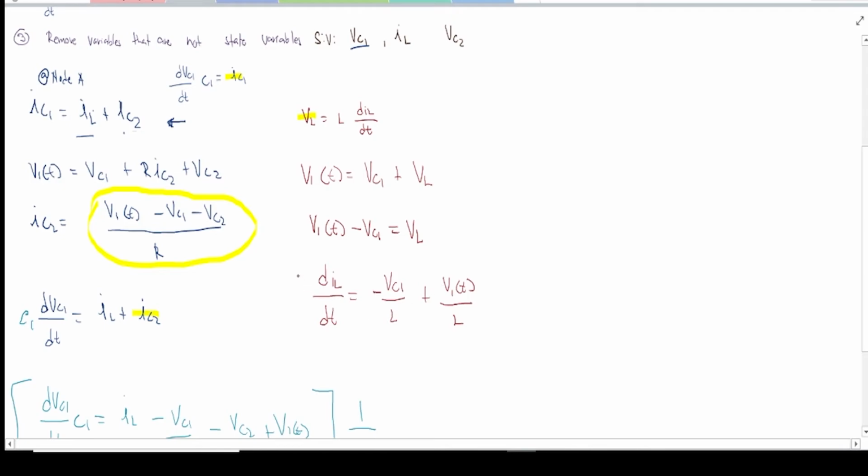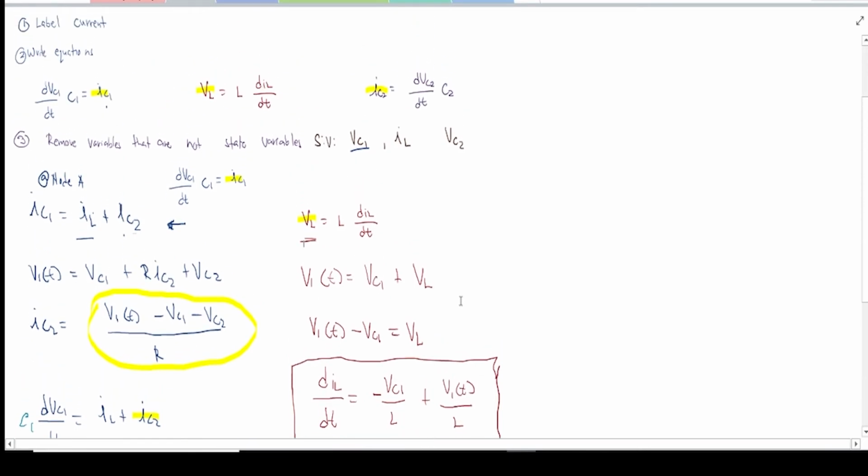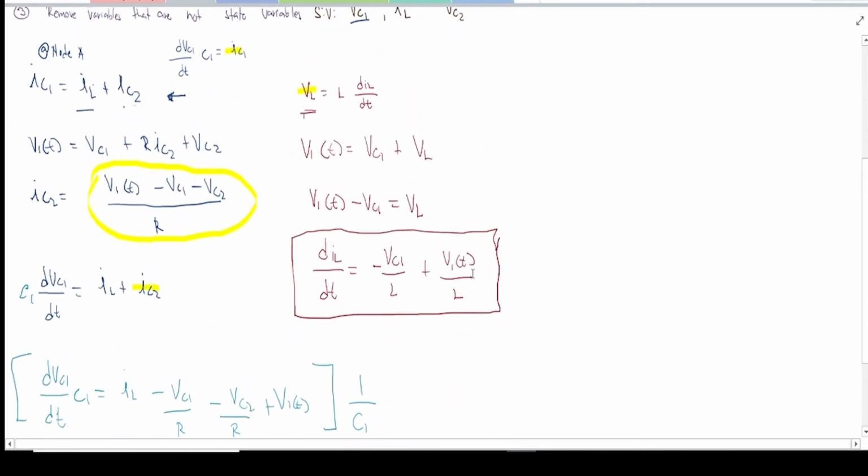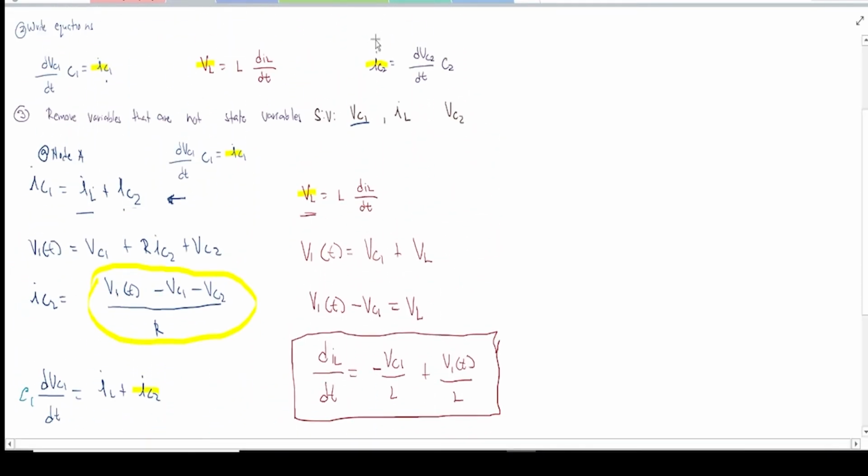Okay, now we're done with our second equation. So as you can see, this is just an easy step. The only thing that we should be aware of is expressing the non-state variable into a state variable. Okay, the same pattern that we're going to use.